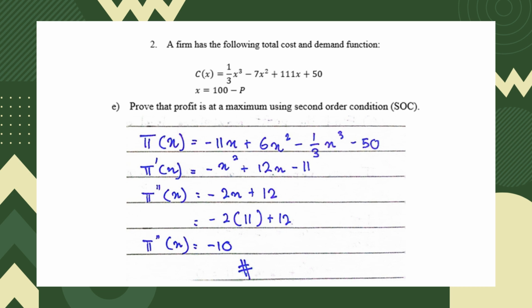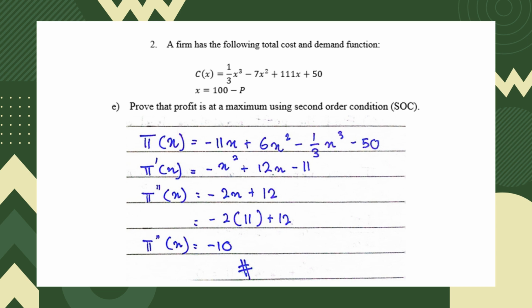From the function negative 11x plus 6x squared minus 1 over 3x cubed minus 50, we have to find the first derivative, and the answer is negative x squared plus 12x minus 11. After that, we have to find the second derivative, which is negative 2x plus 12.